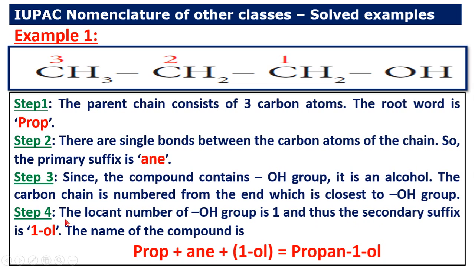Step 4. The locant number of the carbon attached to OH is 1, so the secondary suffix is 1-ol. The name of the compound is prop plus ane plus 1-ol. You have to remove this E and put 1-ol. Propan-1-ol. So the name of the compound is propan-1-ol.